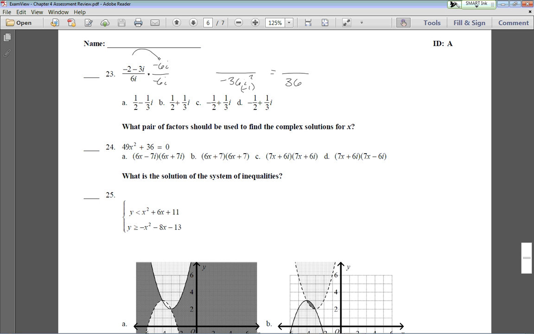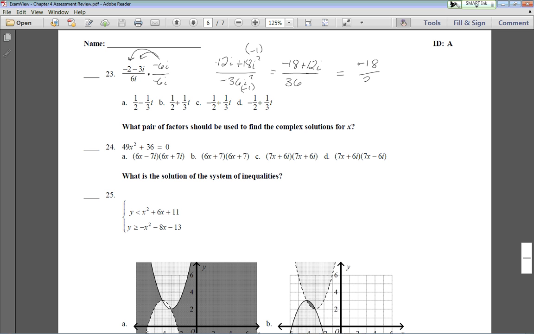Now let's do the top. That gives you a positive 12i. I don't know why I wrote a plus there. And then this times this is going to be plus 18i squared. i squared, remember, is negative 1. So this is minus 18 plus 12i. If you look, their answers are two separate fractions, so let's break this apart.